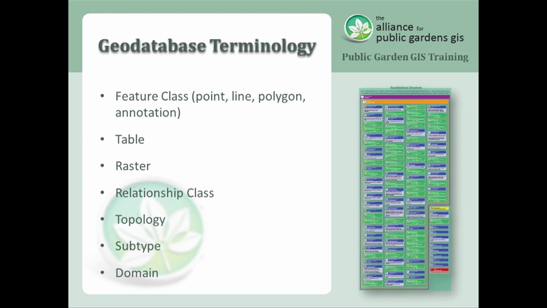Another important object is a topology, and a topology is a set of rules that governs the geometry of objects on the map. So we have a bunch of rules that we've defined in the data model that say, for example, that buildings and water should not overlap.